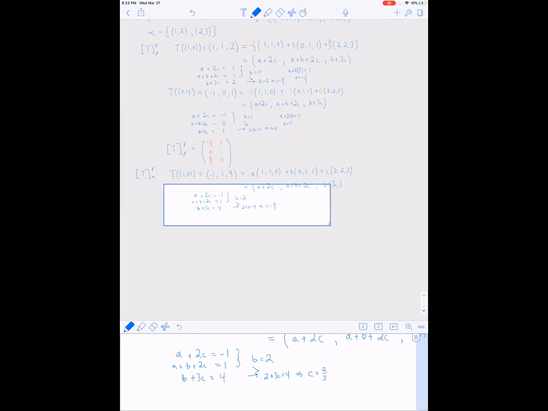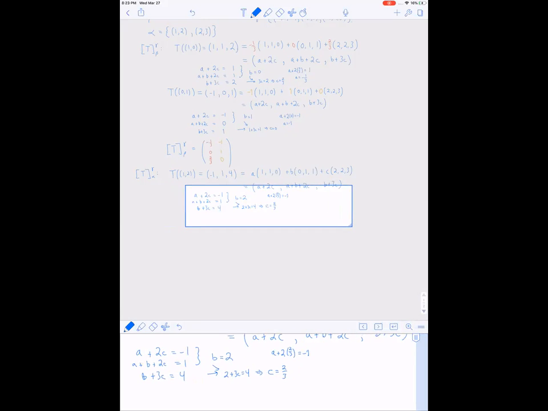And then we can go back to the equation A plus 2C is equal to negative 1 and find that A is equal to negative 1 minus 4/3. So I guess A is equal to negative 7/3.